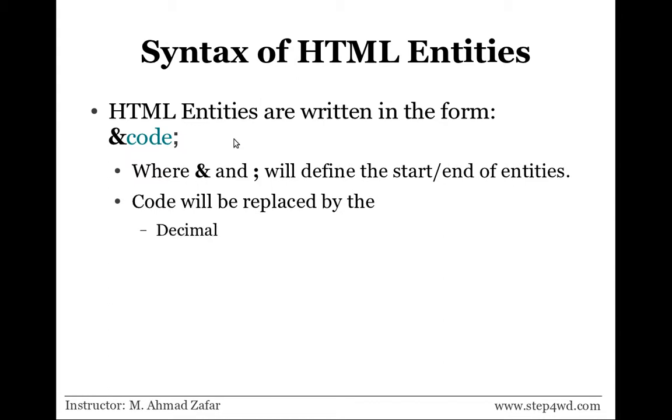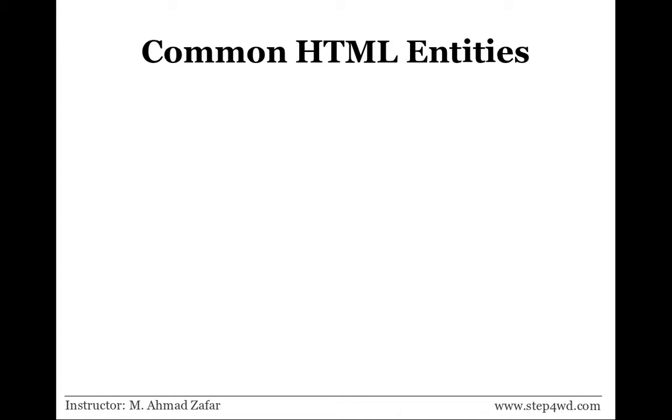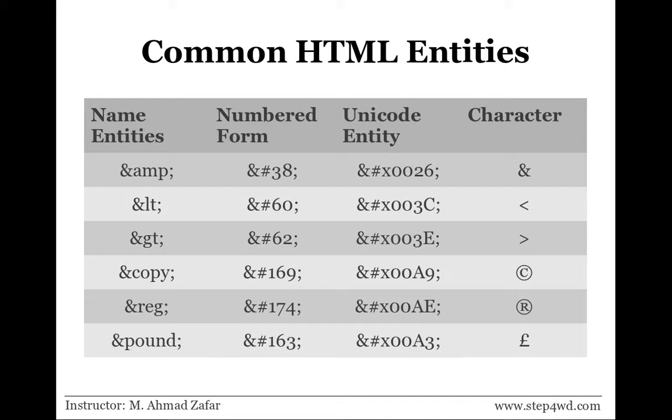It can be a decimal number to represent that character, a hexadecimal, or a name. Basically there are three ways of representing the same character. Decimal and hexadecimal numbers are present for all characters, but a name will only be present for a few characters. Some of the common HTML entities are as mentioned in this table.